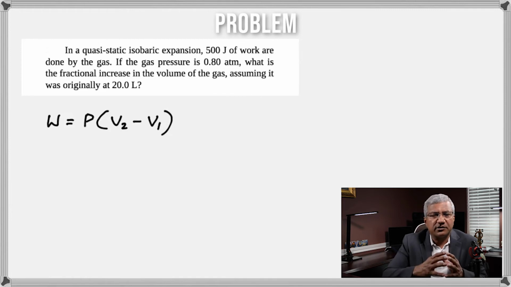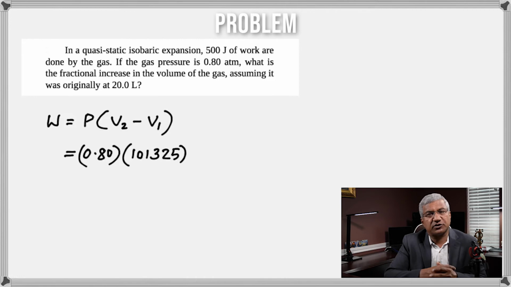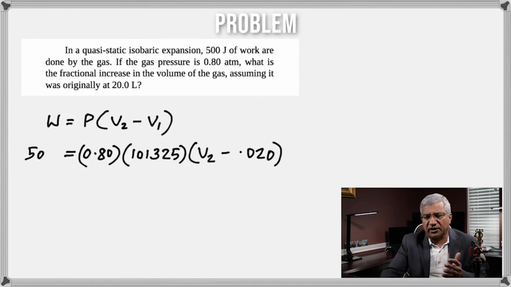At 0.80 atm, we have to change that into pascals by multiplying with 1 atm, which is 101325. And then liters cannot be used. It has to be in meter cube. 1,000 liters make a meter cube, so I divided 20 by 1,000 to get 0.020 meter cube. That's how you get that term. And then solve for it.